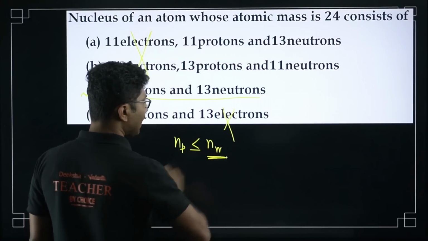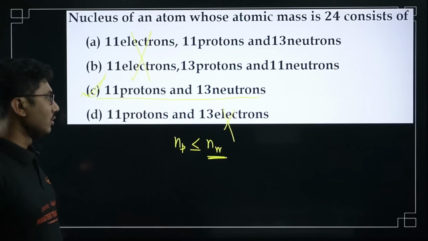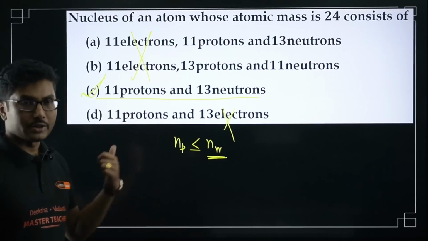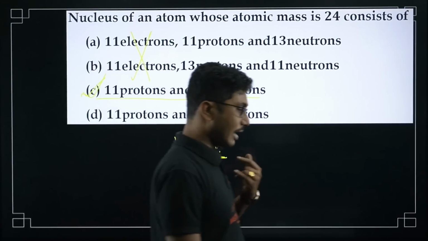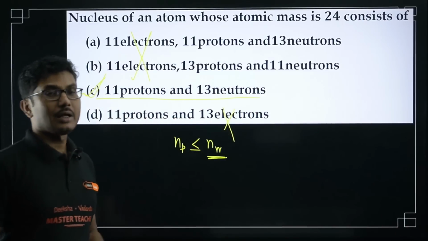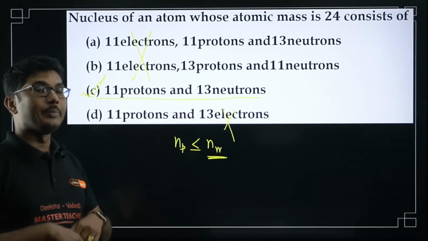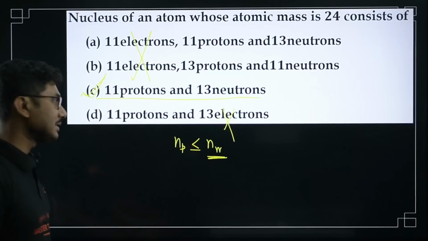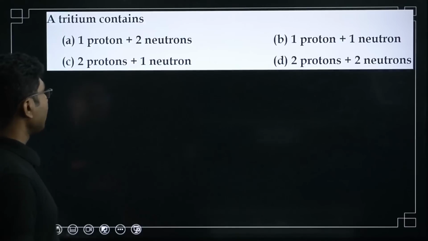Neutrons will always be higher or equal. Okay, neutrons will always be higher or equal. If in a nucleus the number of protons becomes higher, the nucleus is completely unstable and it will break down very quickly, and there may be some energy release as well. Okay.